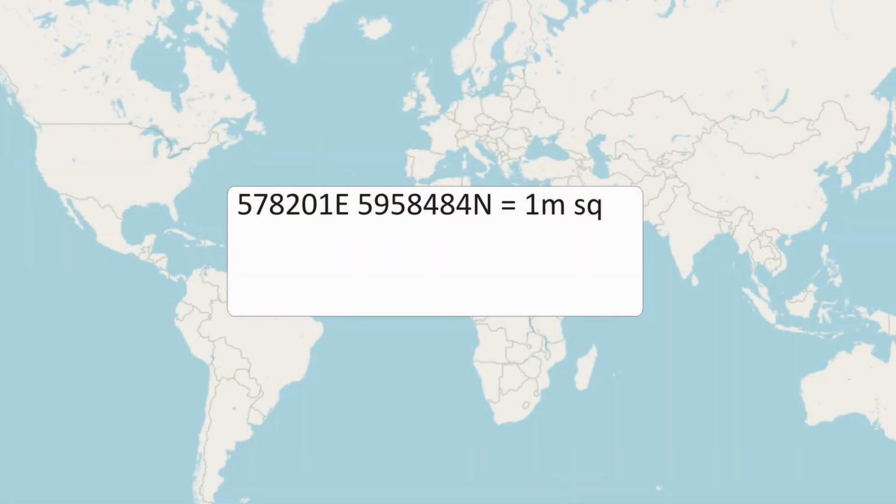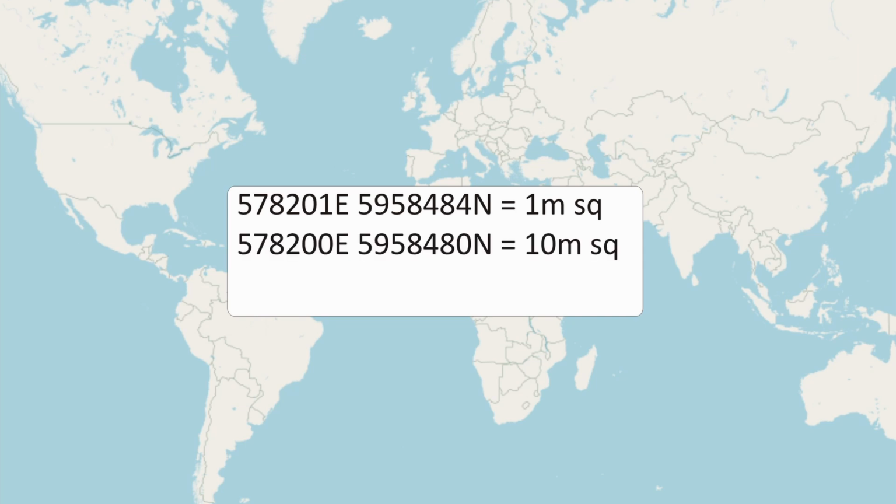But with a UTM, you always need to give the full set of numbers. So I'll put my UTM onto the screen so you can see exactly what it is. Now this gives you my location to within 1 meter. If I wanted to make it less accurate, say to within 10 meters, it'd be this. And if I wanted it to be within 100 meters, then it would be this.